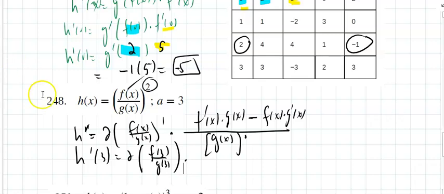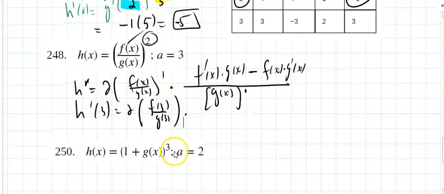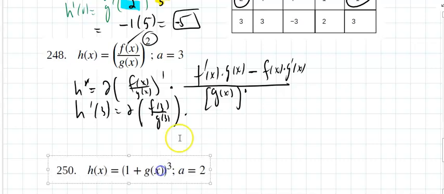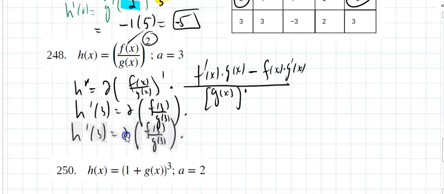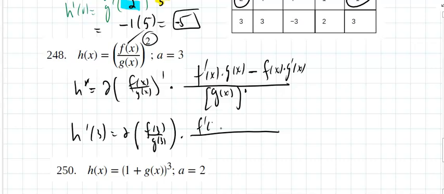times f prime of 3 g of 3 minus, so wherever you see an x, plug in a 3.